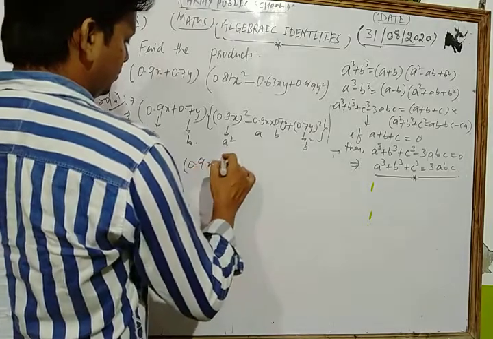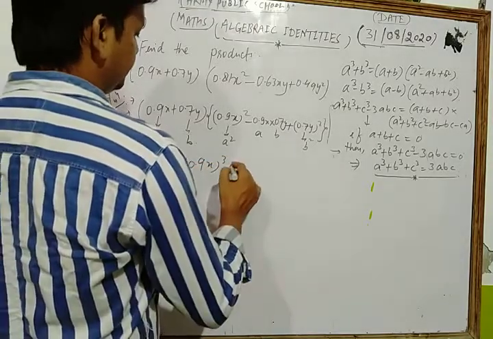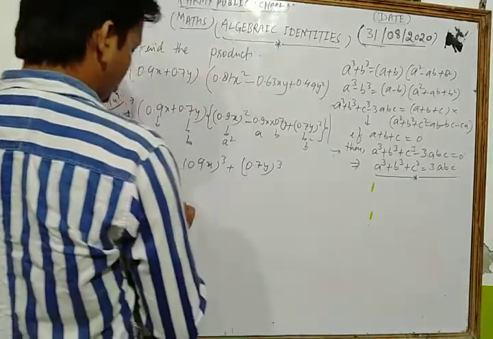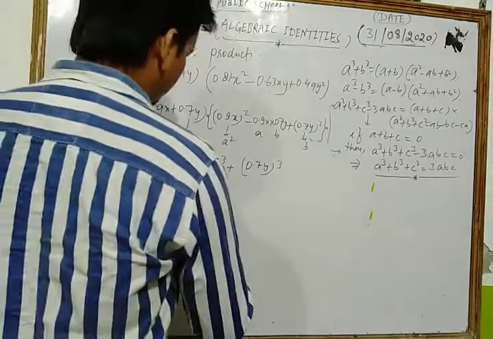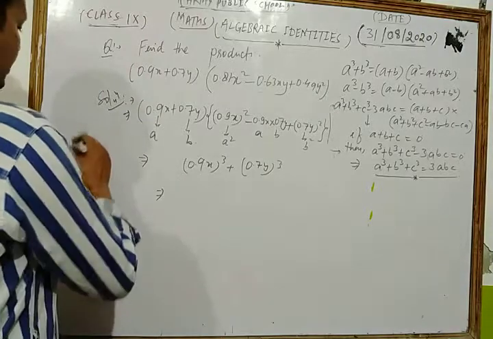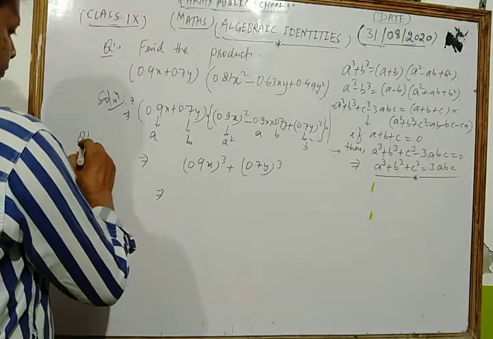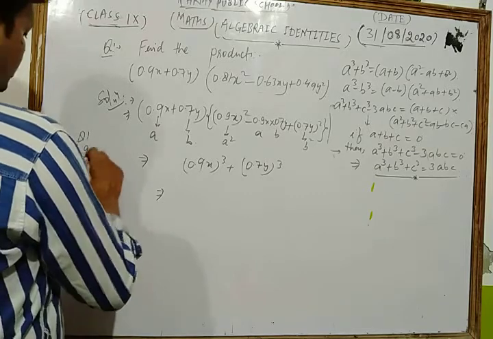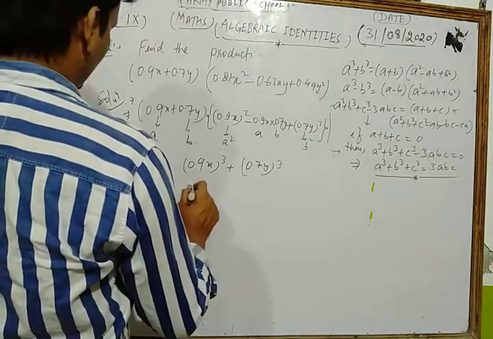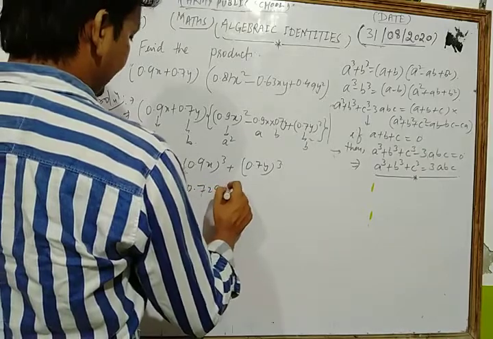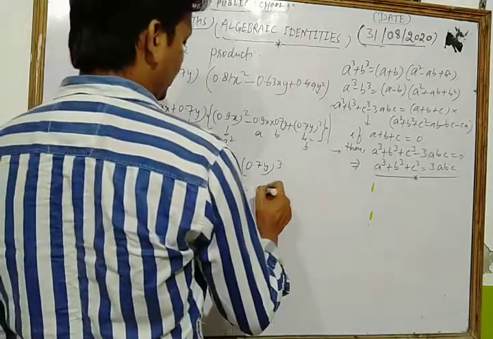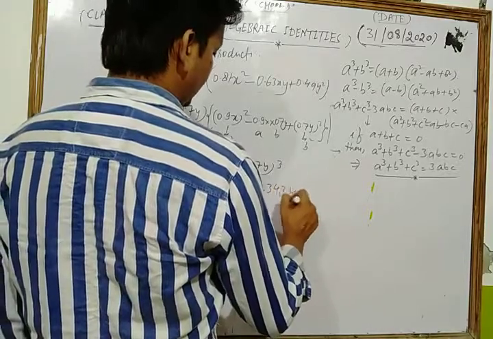0.9x cube plus 0.7y cube. Now look, if we cube 9, then 9 nines are 81, into 9, so 729. So 0.729x cube plus 0.343y cube.